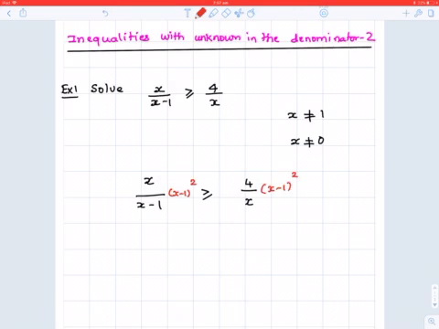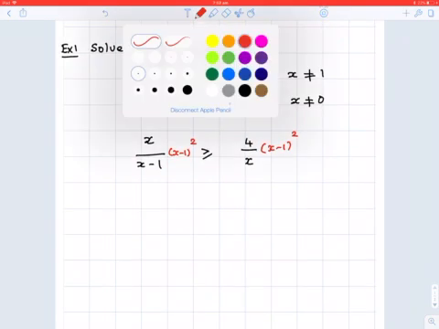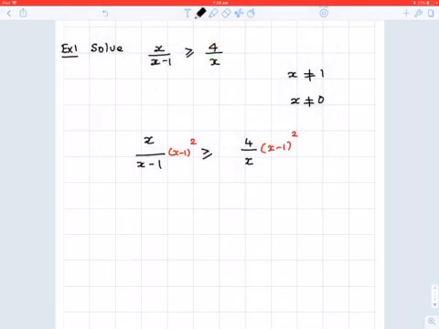First, I'm going to multiply by x minus 1 the whole square, to avoid the x minus 1.